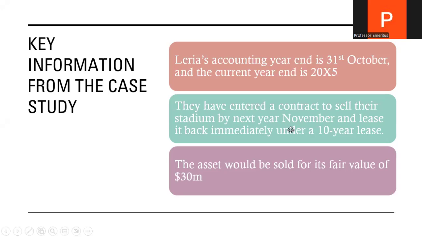They have entered into a contract to sell their stadium by next year, November, and lease it back immediately under a 10-year lease. I want you to note that their year end is 31st October. So to sell the asset in November after the next accounting year, that will be 13 months from this current reporting period. The asset will be sold for its fair value of 30 million.